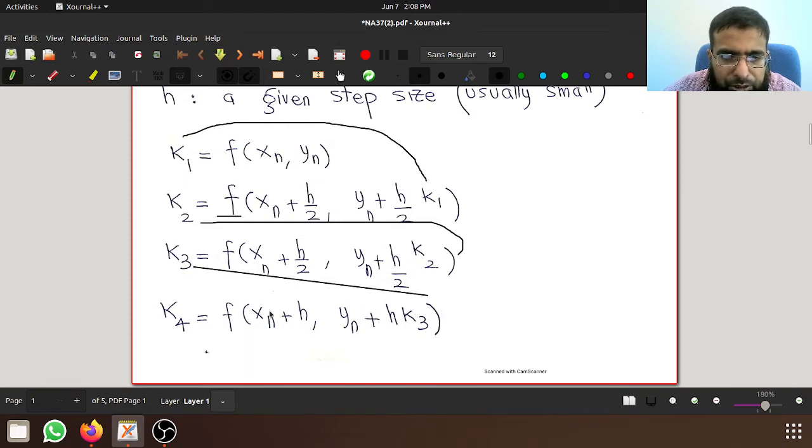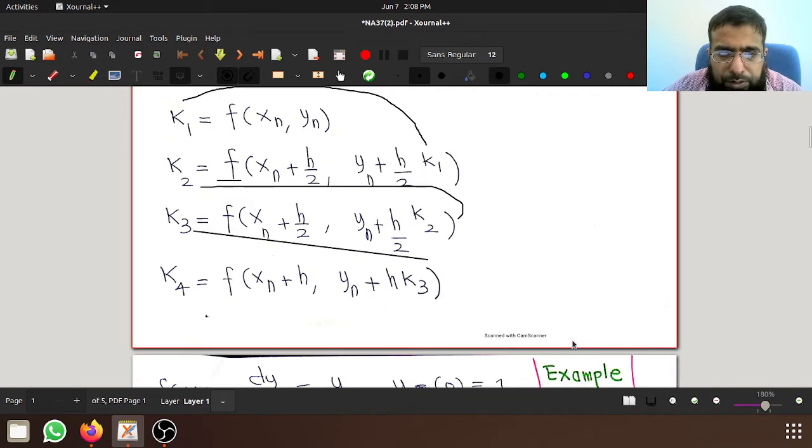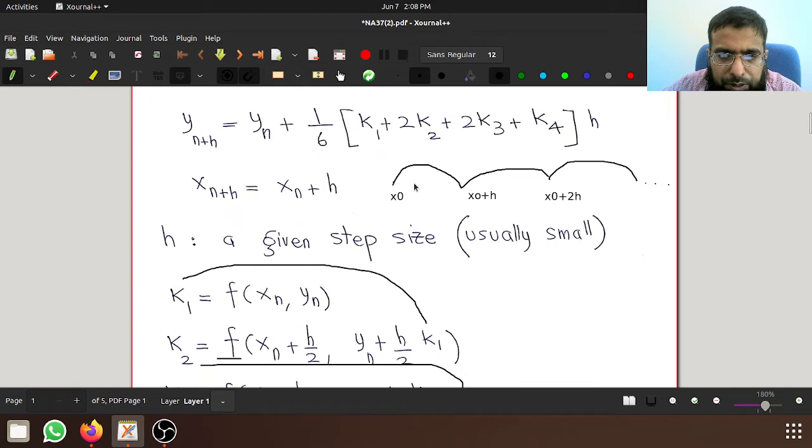So these formulas are interconnected. K2 is dependent on k1, k3 is dependent on k2, and k4 is dependent on k3. Right, so based on these simple formulas, we take steps and we compute y at each step until we reach the desired value of x, where we are supposed to evaluate y.